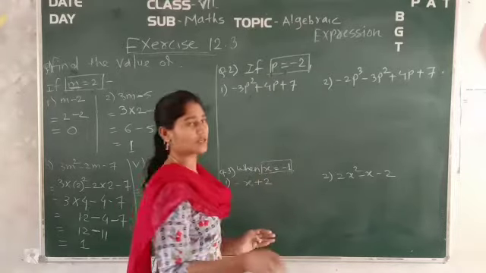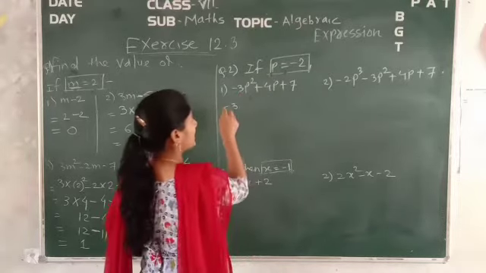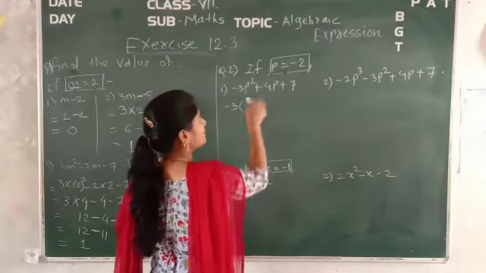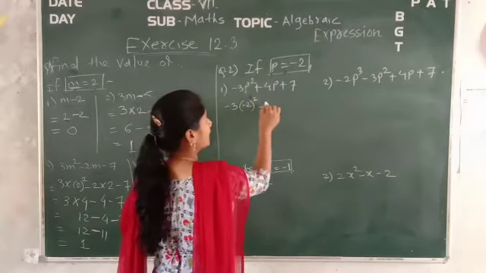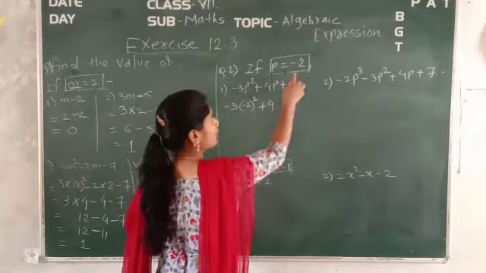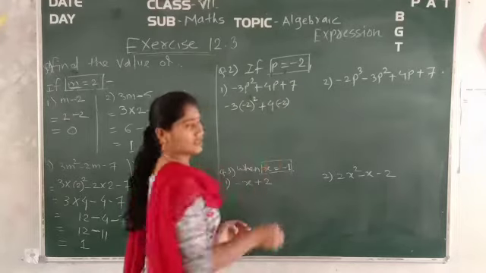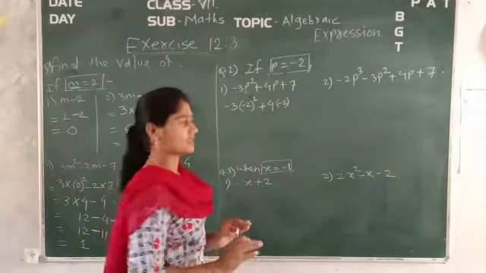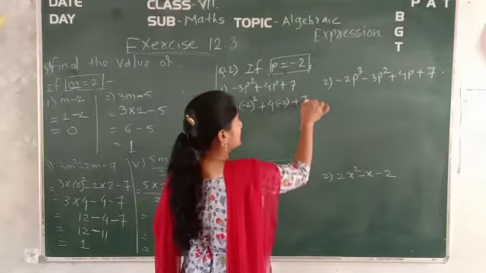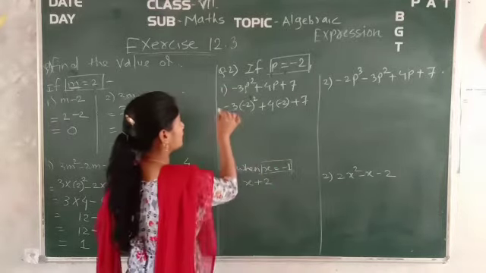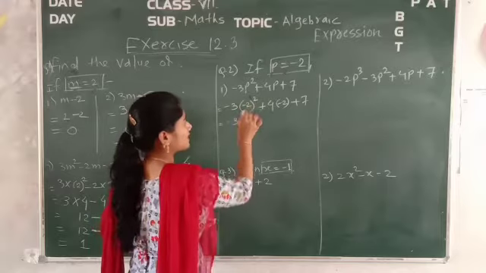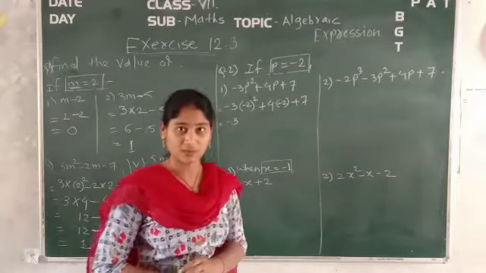Every variable p, put here 3. Minus 3 will be as it is, value of p is minus 2, its square, plus 4 will be as it is. What is the value of p again? Again minus 2, which is in the bracket because of the minus sign. Plus 7. Now minus 3 will be as it is. What is the square of minus 2?